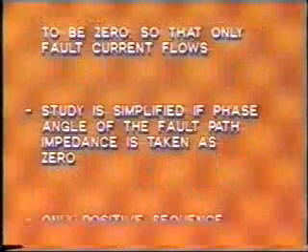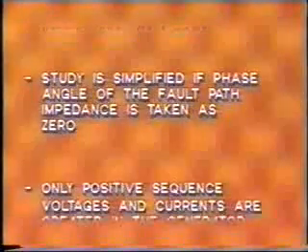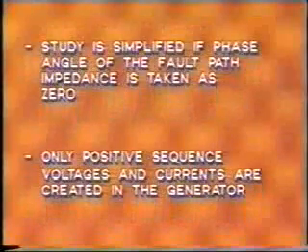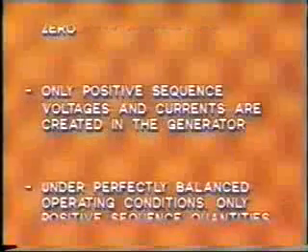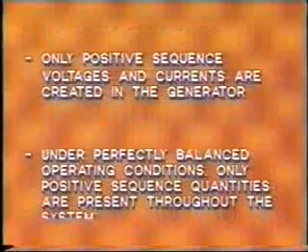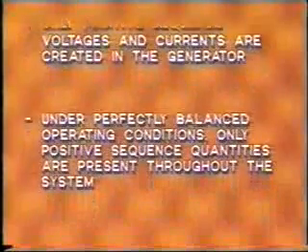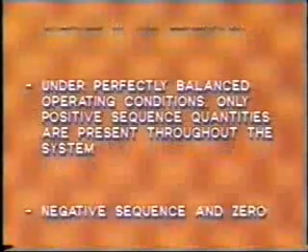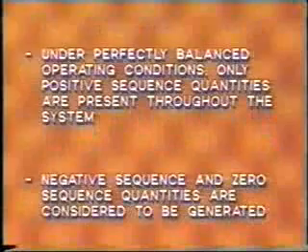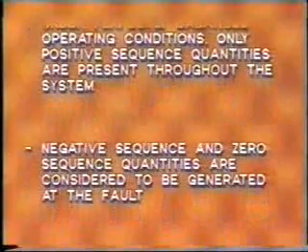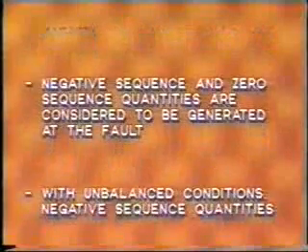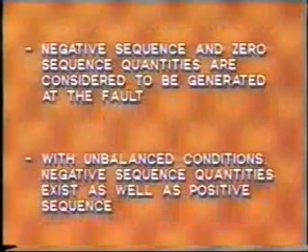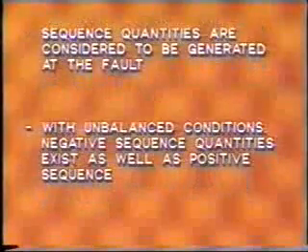The study is simplified if the phase angle of the fault path impedance is taken as 0. Only positive sequence voltages and currents are created in the generator. Under perfectly balanced operating conditions, only positive sequence quantities are present throughout the system. Negative sequence and zero sequence quantities are considered to be generated at the fault.